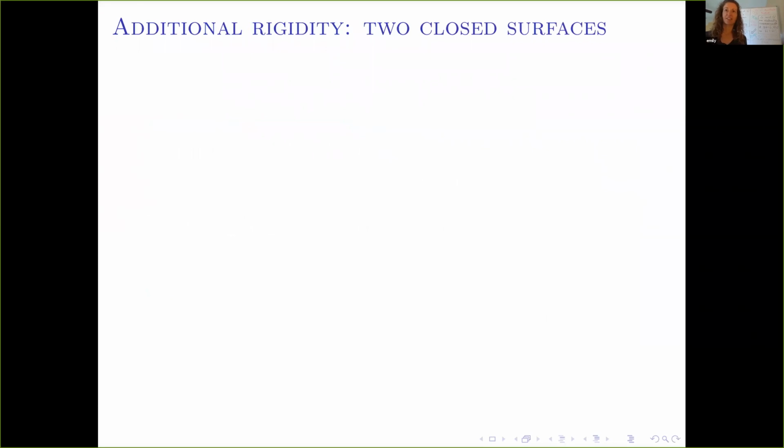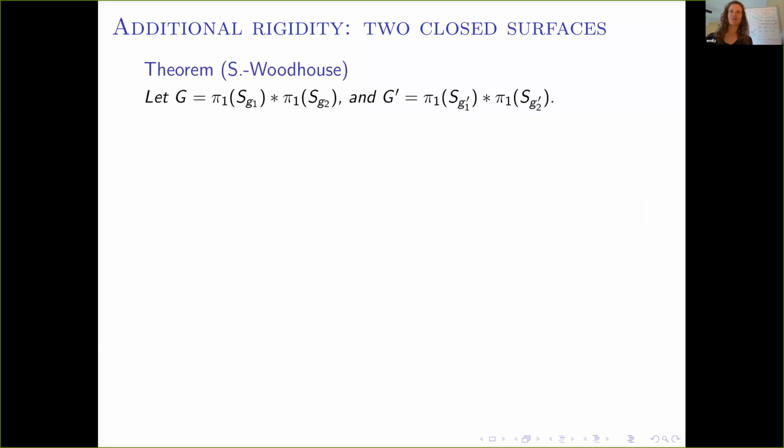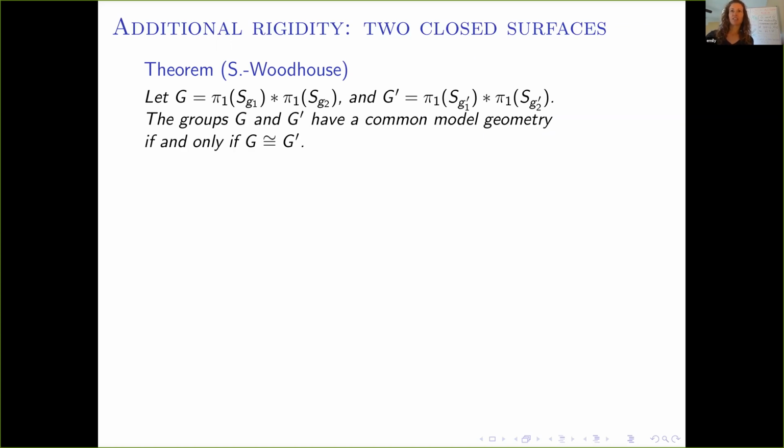We found additional rigidity if the free product in question contains exactly 2 factors and both of those factors are surface groups. So suppose you have 2 free products, G and G prime, of fundamental groups of closed hyperbolic surfaces. Then the groups G and G prime have a common model geometry if and only if they're isomorphic.